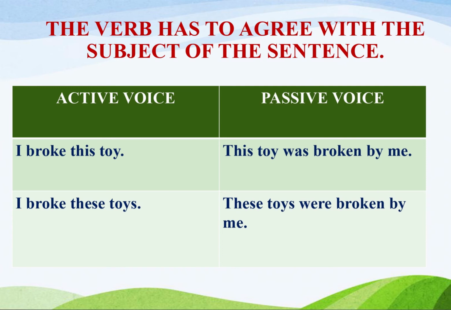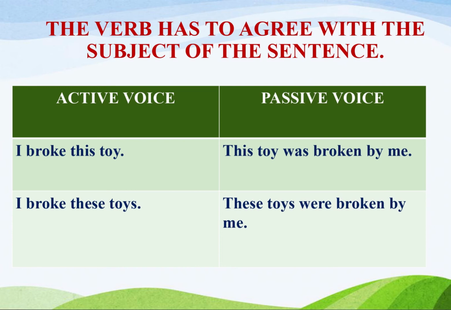Now, let us take another example. I broke this toy. This toy, since it is a singular subject, there has to be a singular verb accompanying it. With a singular subject we have to use a singular verb only. Its passive form will be, this toy was broken by me.